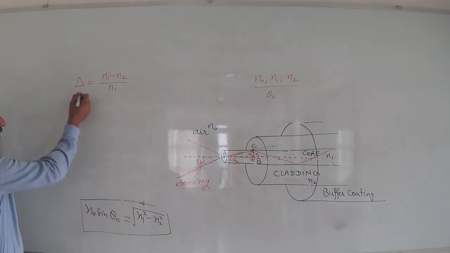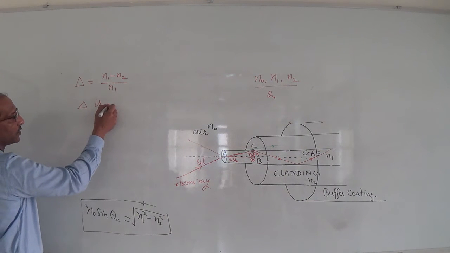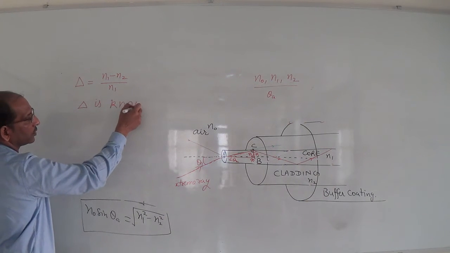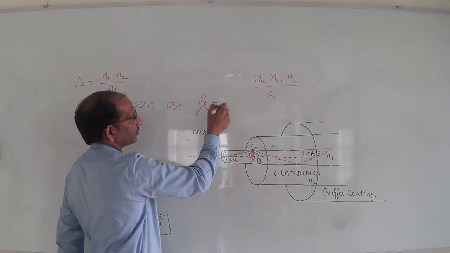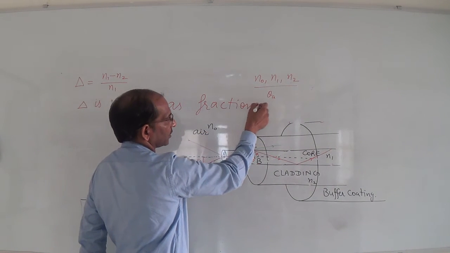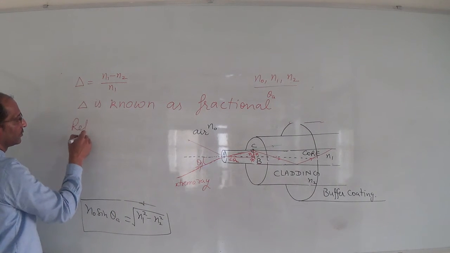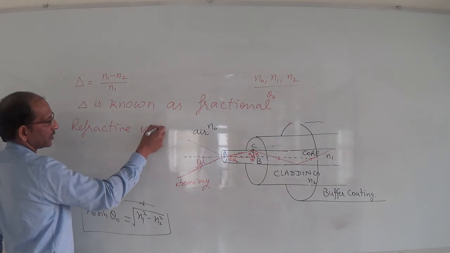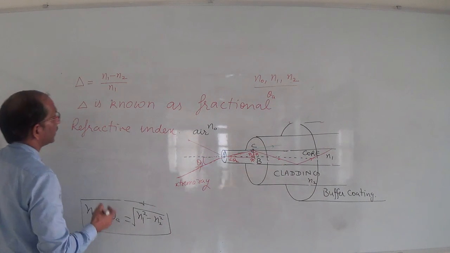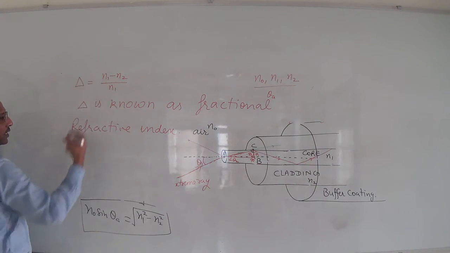This delta is known as the fractional refractive index, and that is the ratio of these two, n1 minus n2 upon n1.